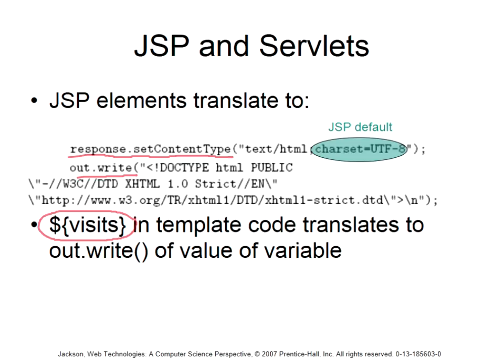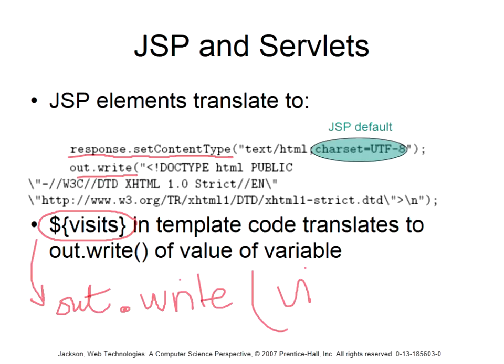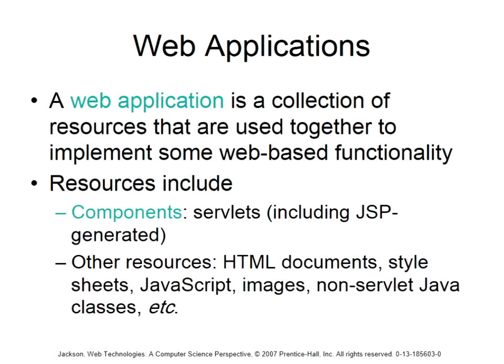So $visits in template code translates to out.write of the value of the variable. So here this will be translated as out.write the value of visits. Any questions? Is it clear? Okay.